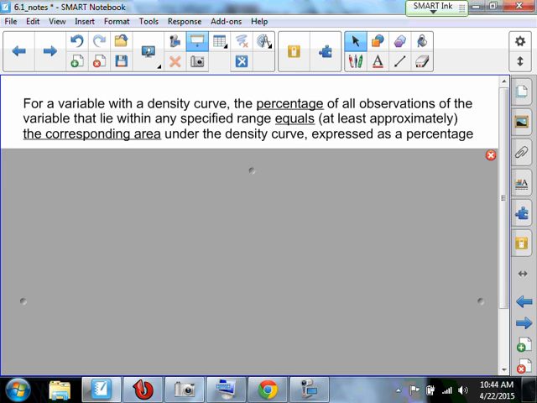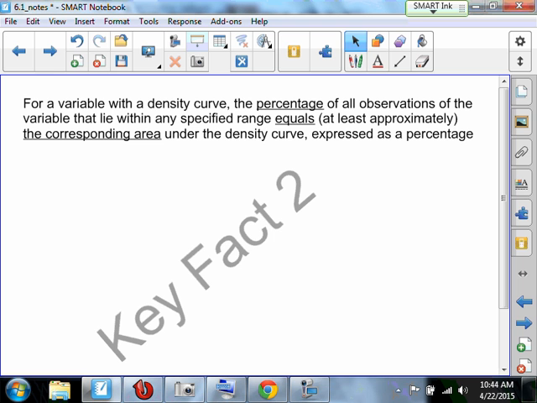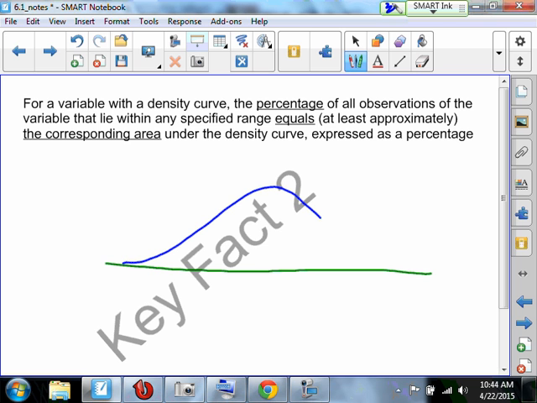And this key fact 2 is telling us that, suppose we're talking about, I'm trying to think of a variable, suppose we're talking about the temperature of something, okay? The temperature of something.